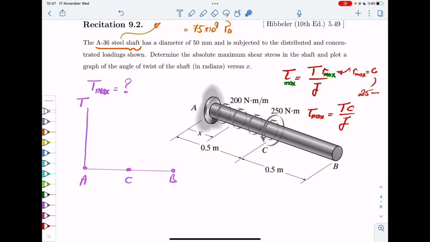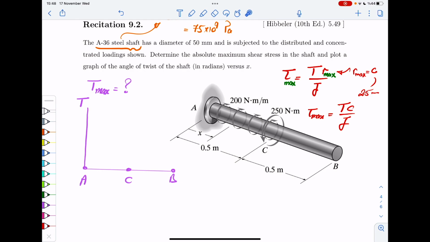Now, if we cut it somewhere here, we would have a slightly complex loading, because if you look at it from the right-hand side, you have a little distributed load plus this concentrated load, okay? And if you look at it from the left-hand side, the same thing. There would be distributed load and then a concentrated load from the support. Either way you can do that, but I find it easier to cut it from the left-hand side.